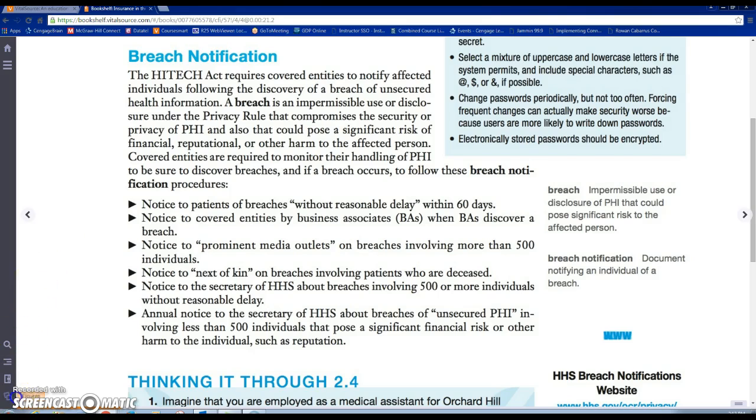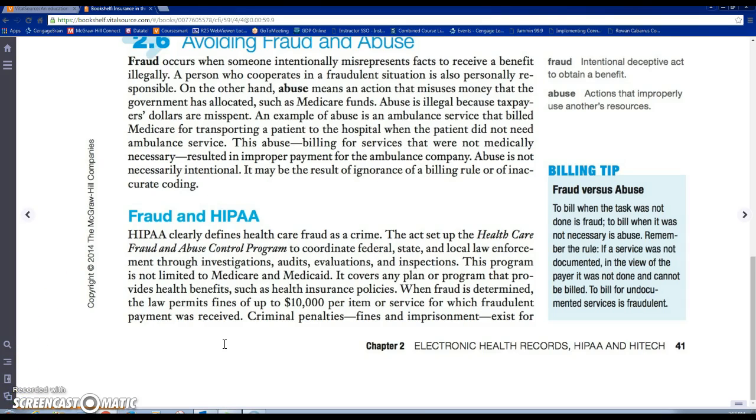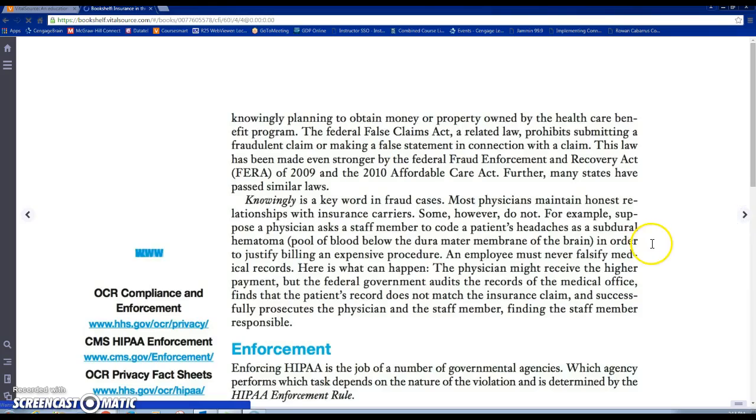Now, of course, if there is any type of fraud and abuse that deals with HIPAA, there is all kinds of fines. Right now, it can be up to $1,000 or $10,000 per item. Criminal penalties are also there.